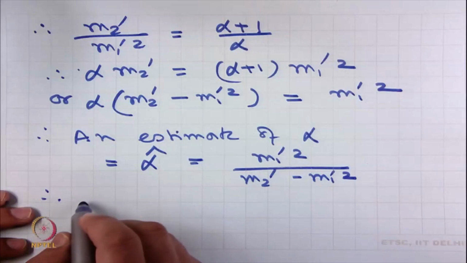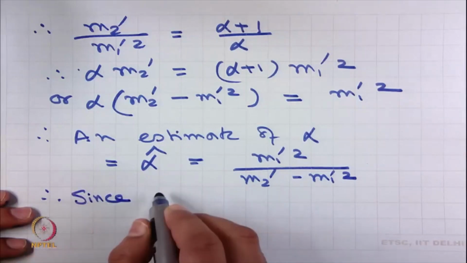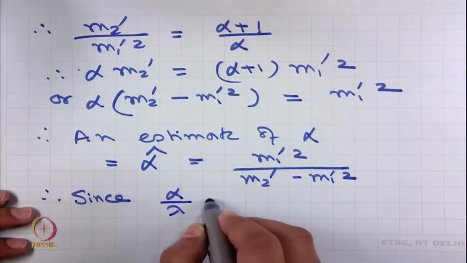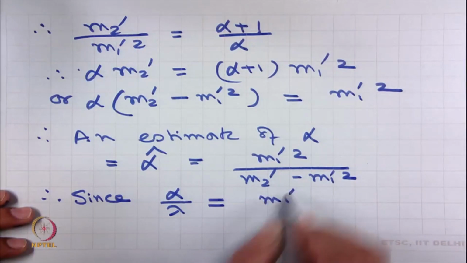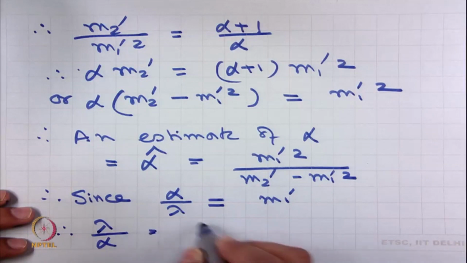Therefore, since we know that alpha upon lambda is equal to m1', therefore lambda upon alpha is equal to 1 upon m1'.